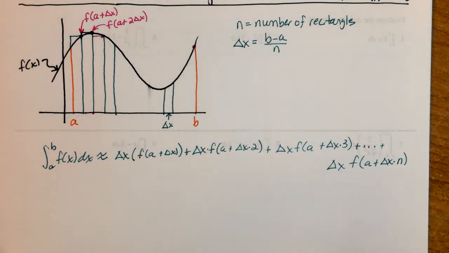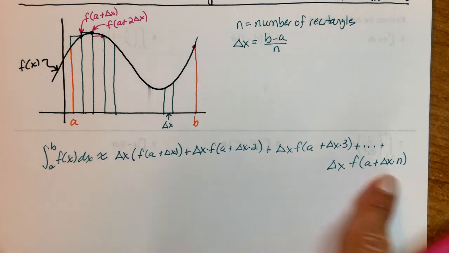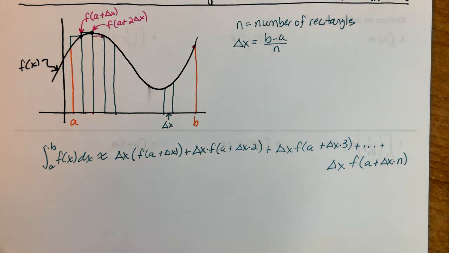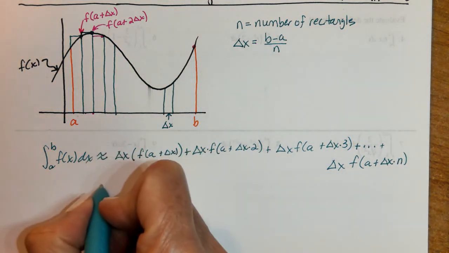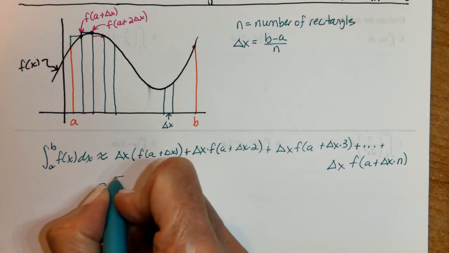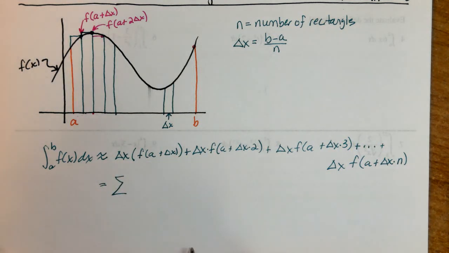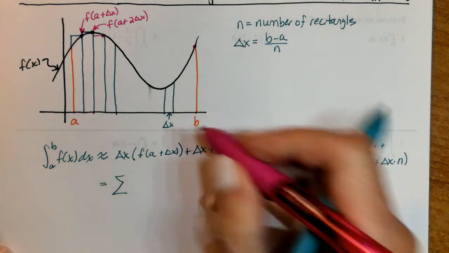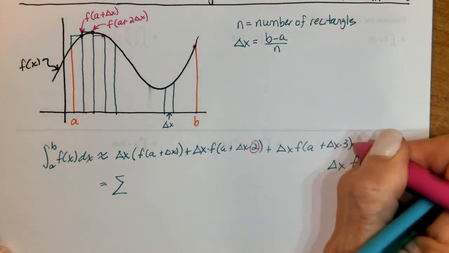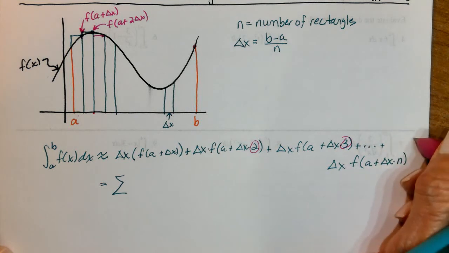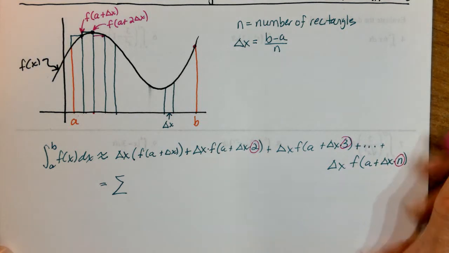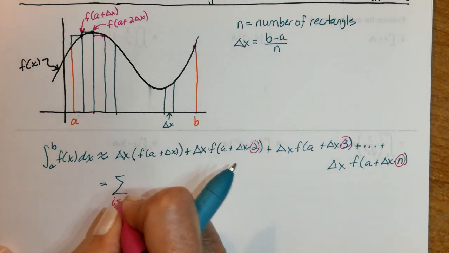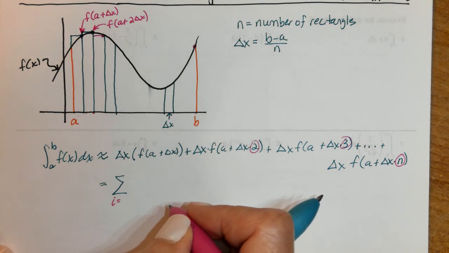Now this is a little tedious here, so I'm going to write this sum using summation notation. So we have this 2 and this 3, the next one will be 4 and 5 and 6, all the way up to n. So I'm going to use a counter of the letter i.